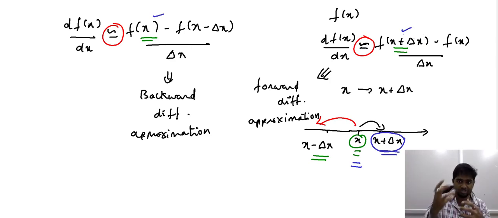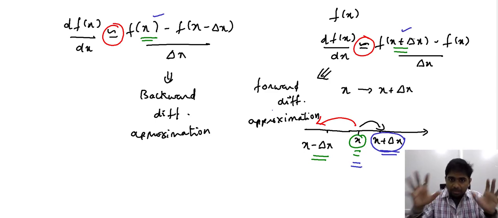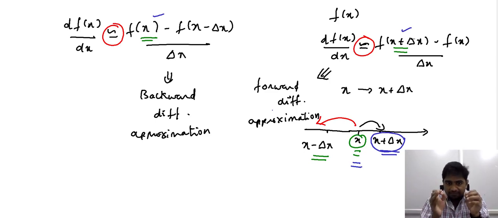So this is a convention that we follow, and when we follow this convention, we will be able to arrive at identical values or similar values when you consider both backward difference approximation or forward difference approximation. When you take an arbitrary function, you find the derivative of it using backward difference and forward difference. You do not impose any limits, but you just use these approximation schemes and find the derivative of it.